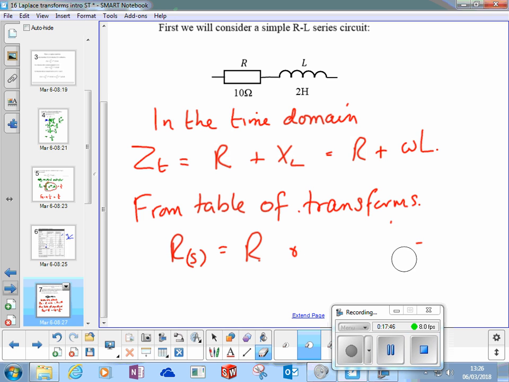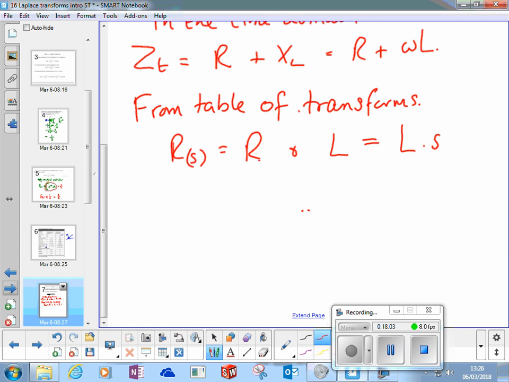We've got L. Jumping ahead of myself. And L is equal to L times S. So therefore we can say Z, the total impedance in the S domain, is equal to R plus LS. In the case of this circuit, it's 10 ohms plus 2S.